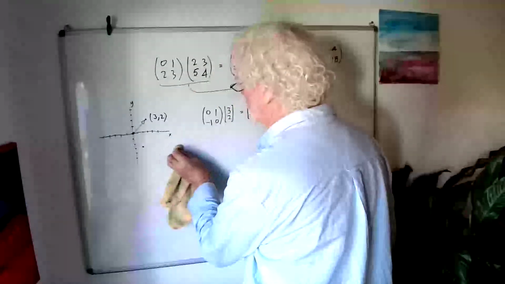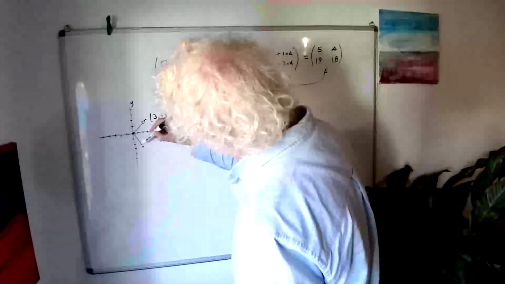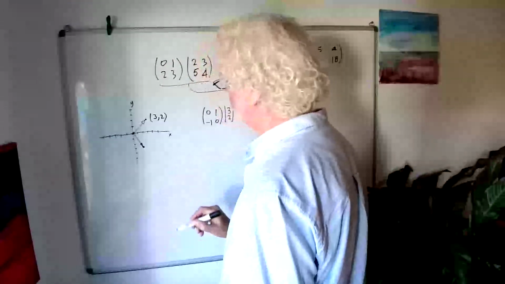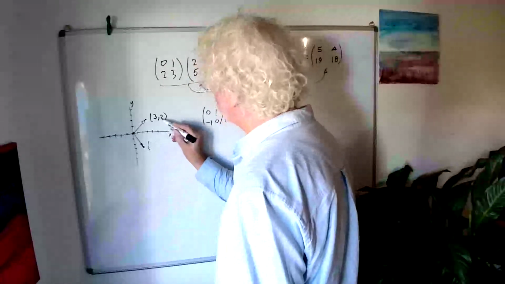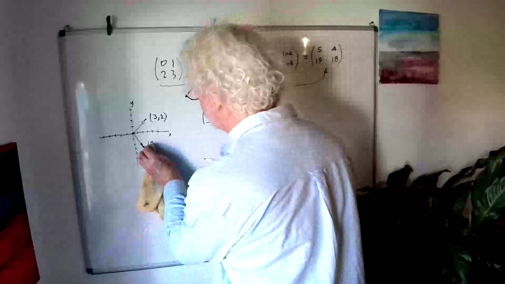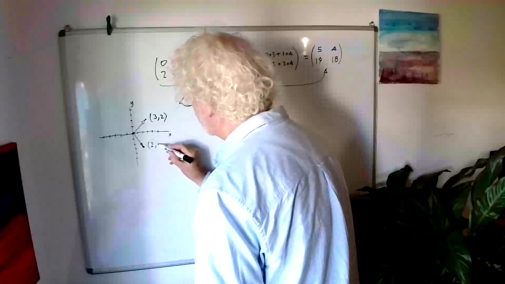So this matrix has moved this vector to down there: 2 comma minus 3.